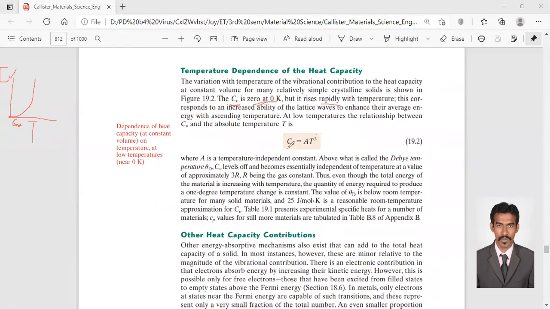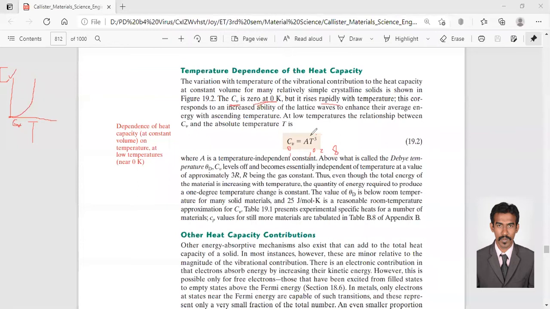So at 0 temperature, Cv is also 0. If you put T as 0, Cv is also 0. What will happen if you put T as 1? 1 cubed is 1, and A is a constant, so we keep it, and Cv is also 1. When you put 2 for T, Cv would be 2 cubed, that is 8.